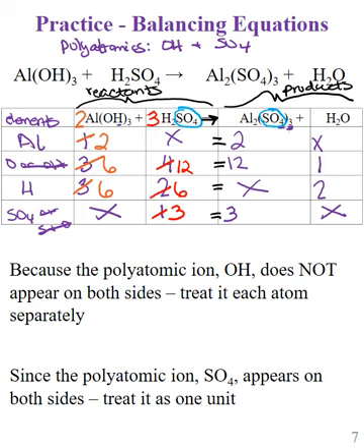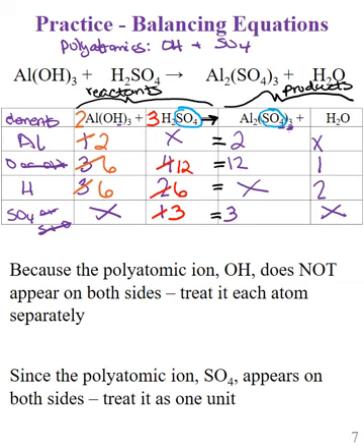Now comes more of the tricky part, which is aluminum and hydrogen. What should I balance first? It's not really going to matter too terribly much, but let's say we're going to balance hydrogen. And this is where you kind of have to just play around with it. Now, our hydrogens, how many hydrogens are on the left side?